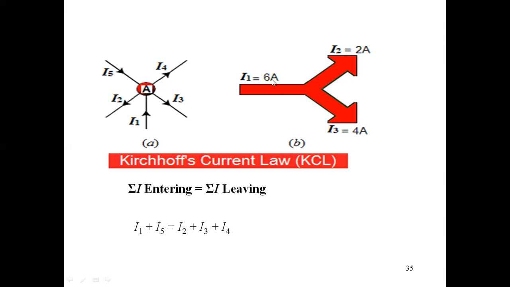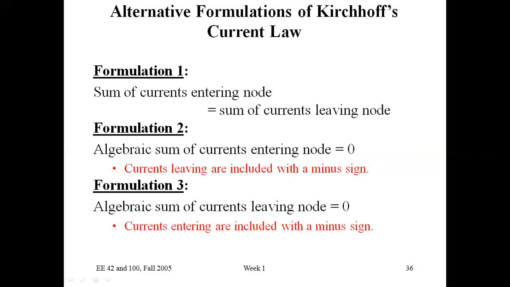Your 6 ampere is equal to I2 plus I3, that is 2 plus 4, and it satisfies. That is, for the sum of the currents at a junction, if I take incoming currents as positive, outgoing currents should be negative. So 6 ampere minus 2 ampere minus 4 ampere is equal to 0, and that satisfies Kirchhoff's current law.